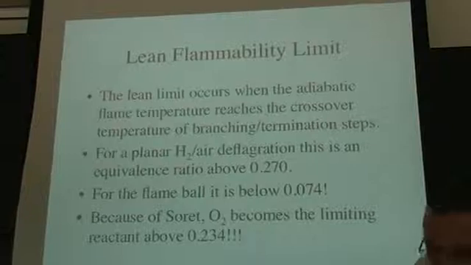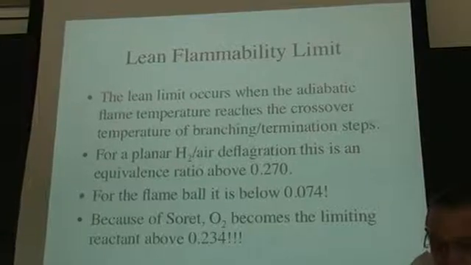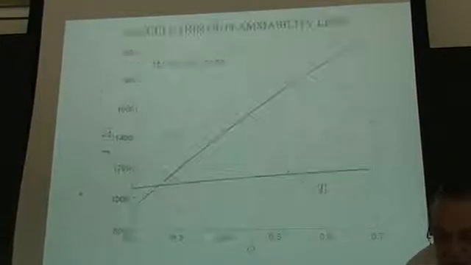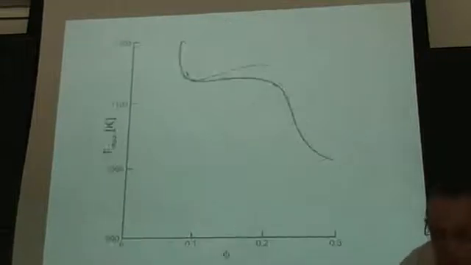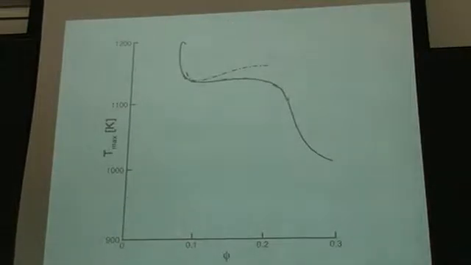And Soret diffusion becomes important in the limit, so important that, you think that for equivalence ratios less than 1, hydrogen should be the limiting reactant.